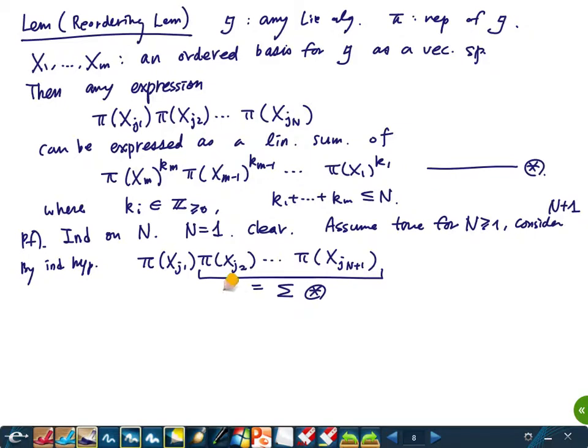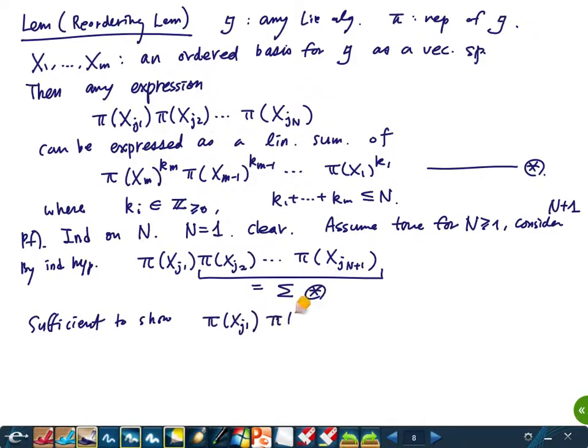They are already in this order. But we have to multiply this at the left. So it's sufficient to show, if you look at each factor here, let's now consider just one. Now star, what is star?